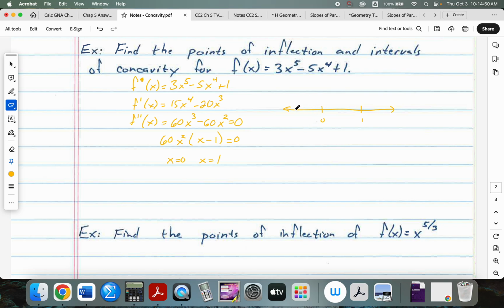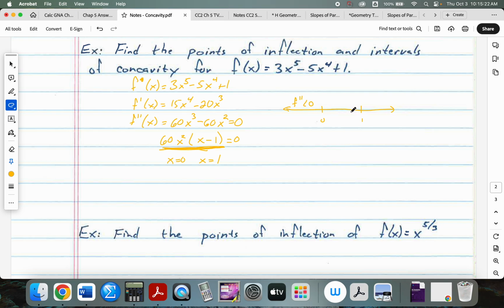So if I pick a negative number and substitute it into the factored form, it's always faster and easier. Well, 60x squared is always positive, right? So that's not even an issue. So is x minus 1 positive or negative if I pick a negative x value? It's negative. So here, f double prime is less than 0.